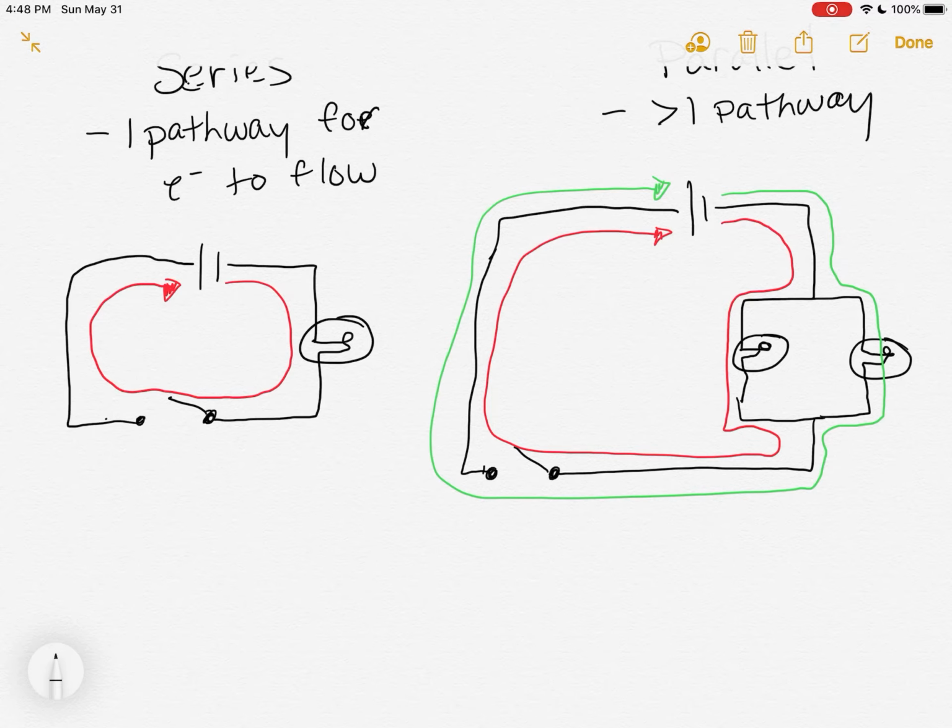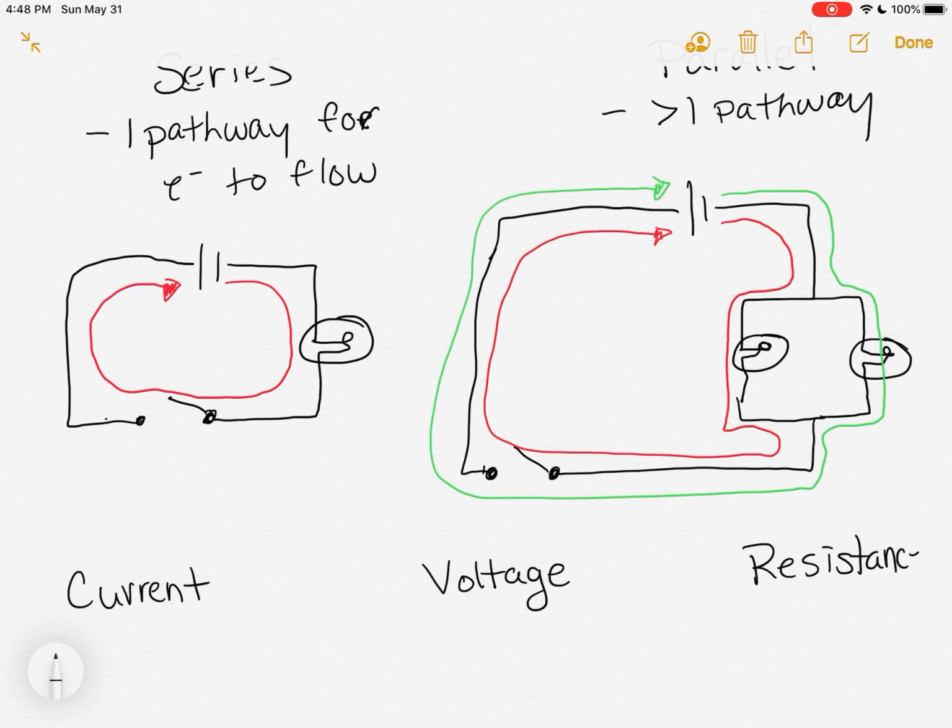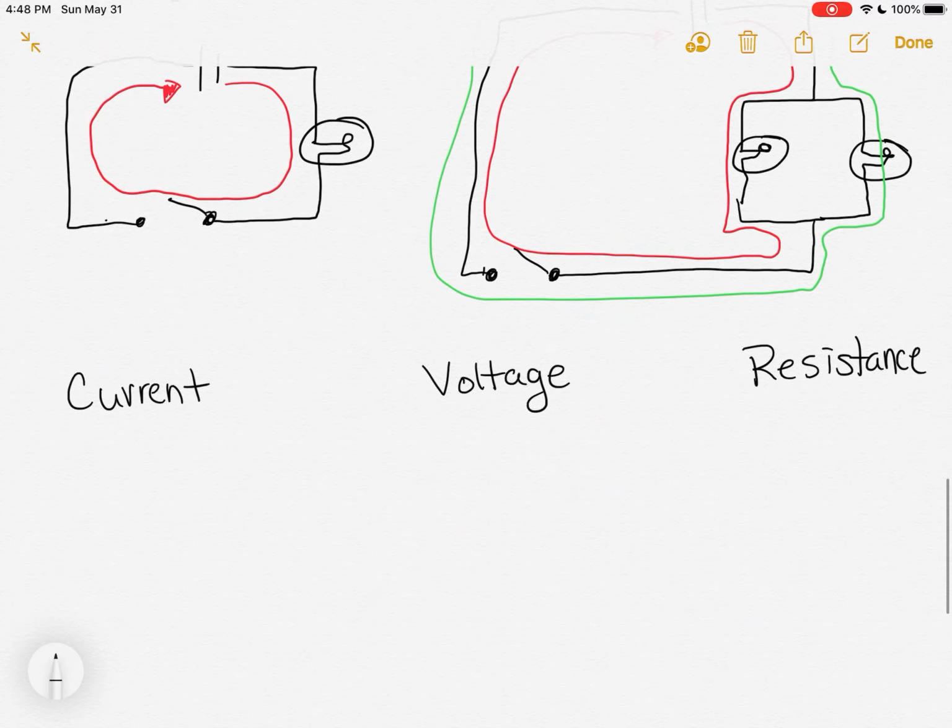All right, so there are three things for us to talk about in terms of a circuit. And so there is current, there is voltage, and there is resistance. Okay, and so we're going to talk about each of these three things separately, and then we'll bring them back together and talk about how they're related to each other.